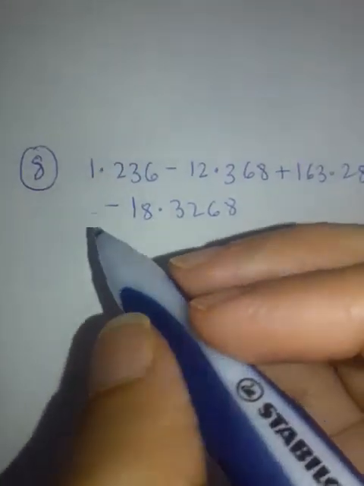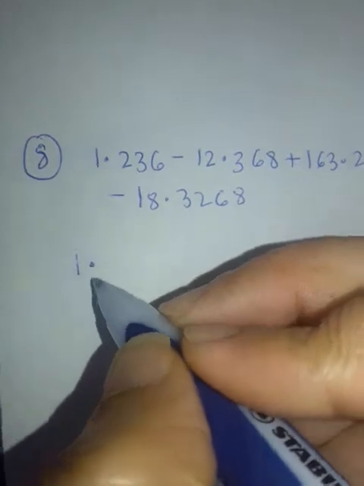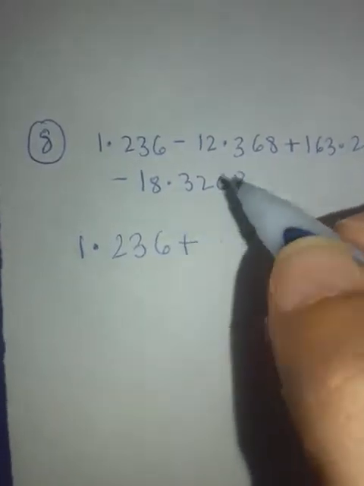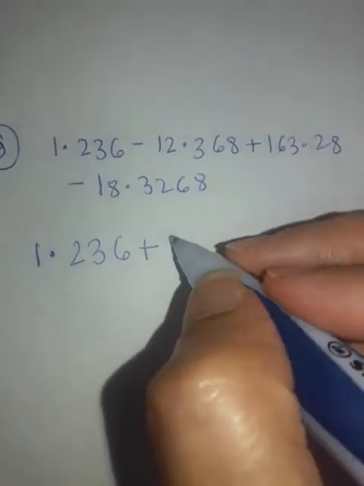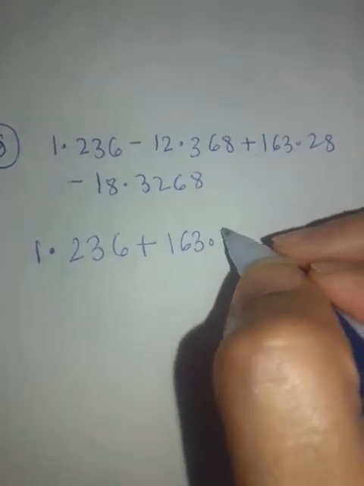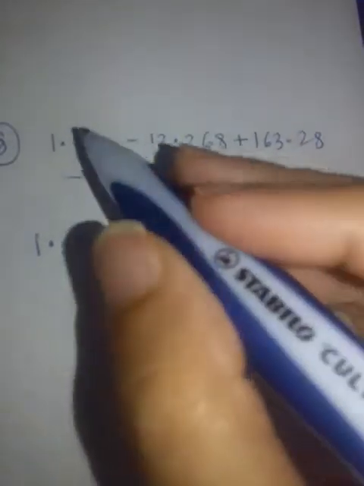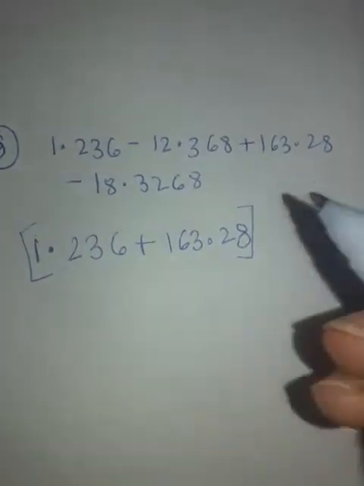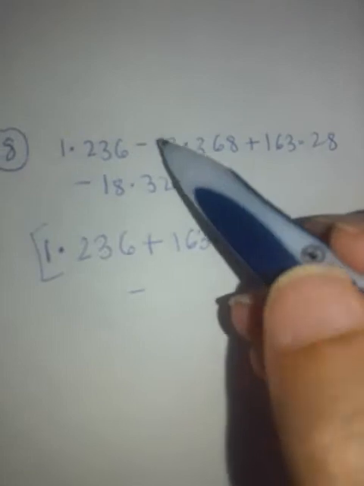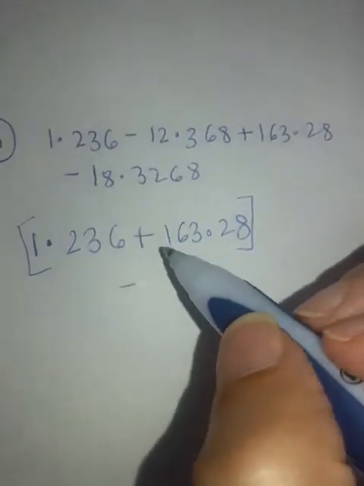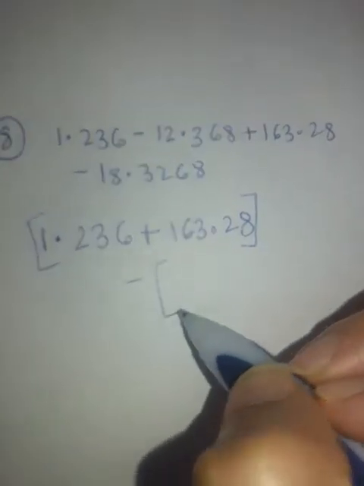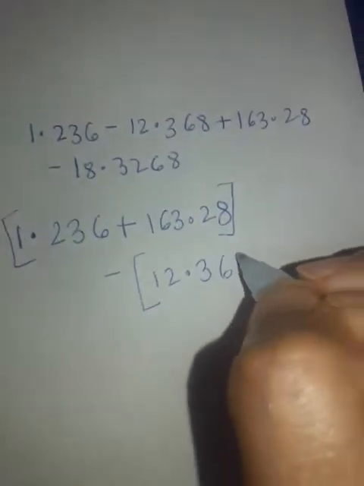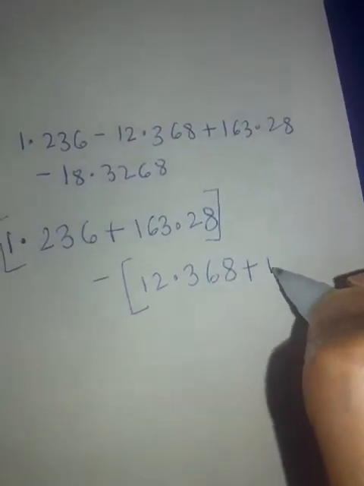First we will club all plus signs. 1.236 plus, this is plus 163.28. All plus signs over. Now let me put a bracket here. Minus, these two are minuses, so I am taking minus side outside the bracket. So this is 12.368 and now this will be plus.